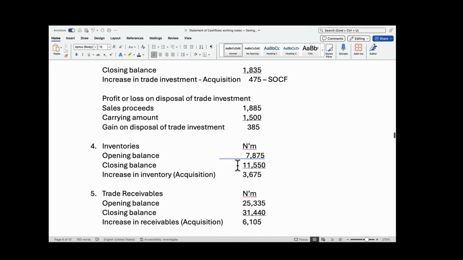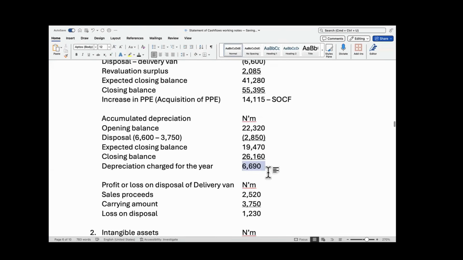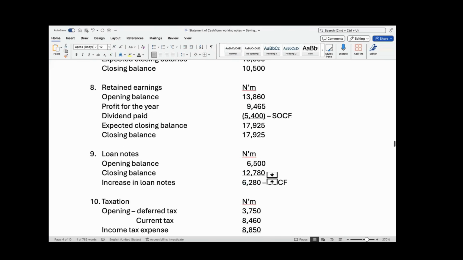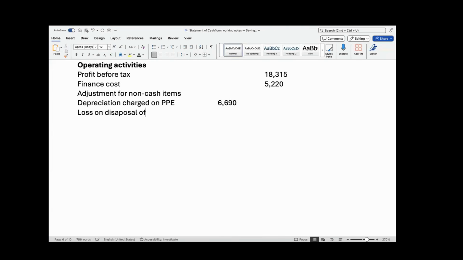The second one, after depreciation, is loss on disposal of delivery van, 1230. That has been deducted. Let's add it back. Loss on disposal of delivery van.